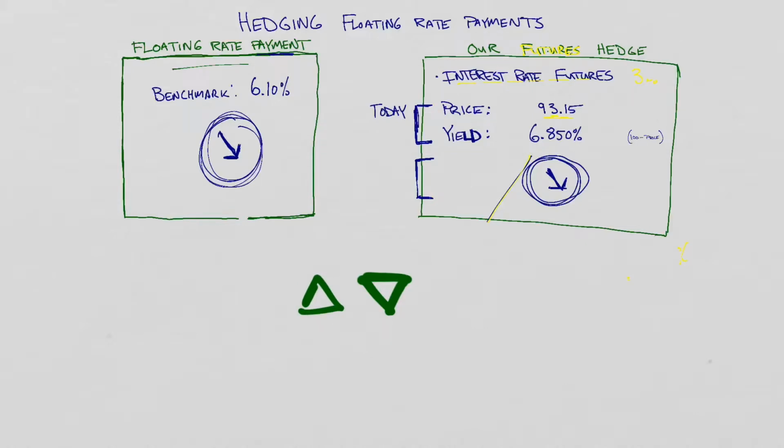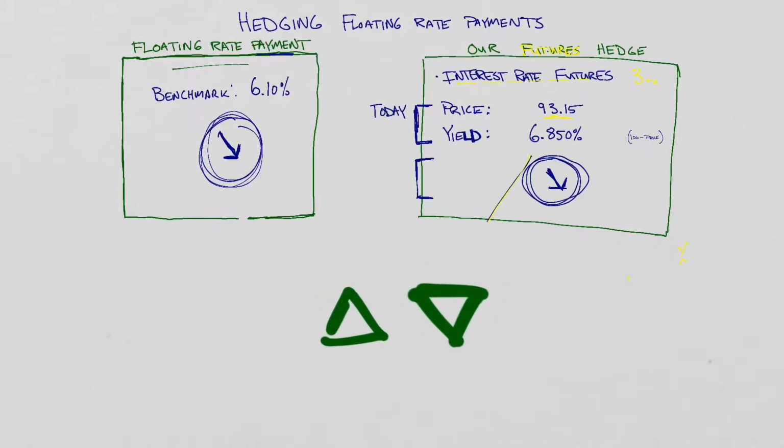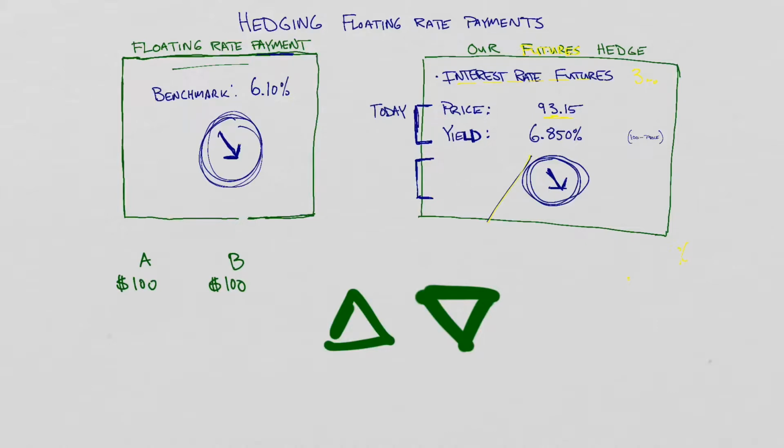And when stock A rose in value, stock B fell in value. If you put $100 in stock A and $100 in stock B, and then stock A rose in value to 110 and stock B fell in value down to 90, you can see the net result, nothing really changed at a portfolio level.